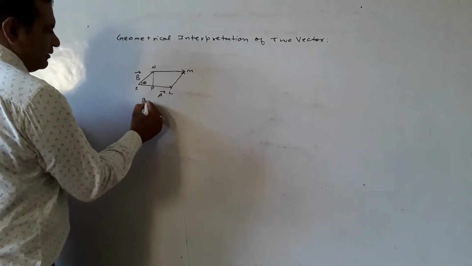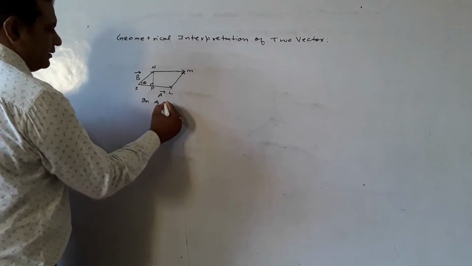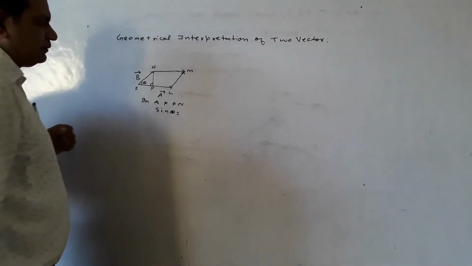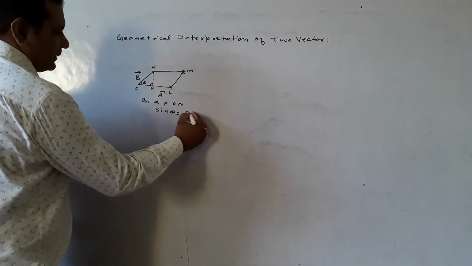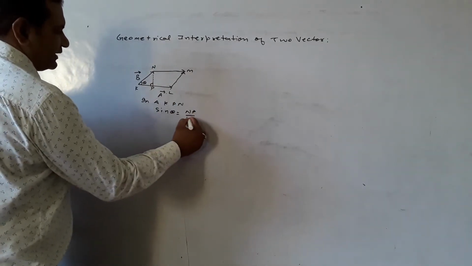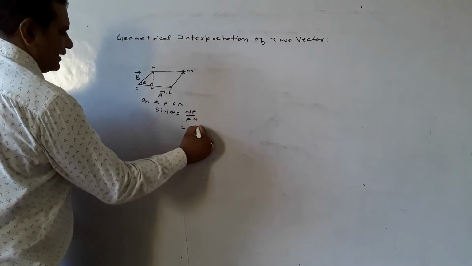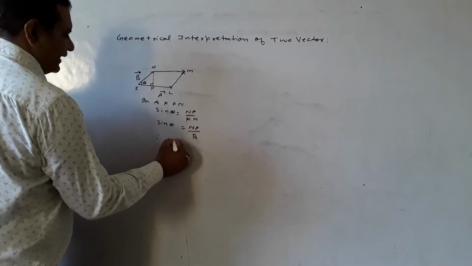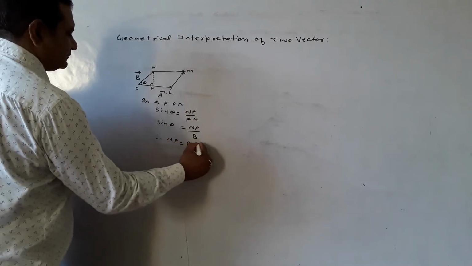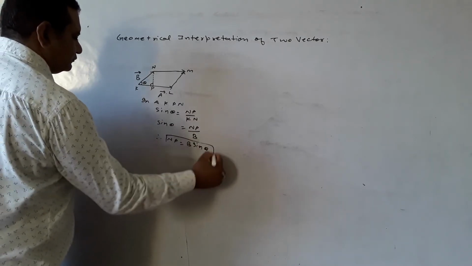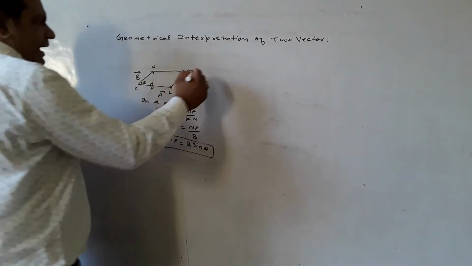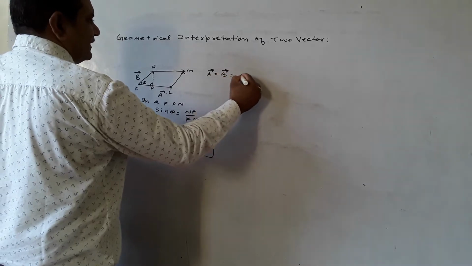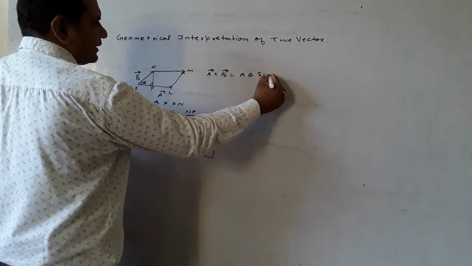Now in triangle KPN, sin theta is perpendicular upon hypotenuse. The perpendicular is NP, the hypotenuse is KN, so sin theta is NP upon B. So we can write NP is equal to B sin theta. According to the cross product, this is A into B sin theta.